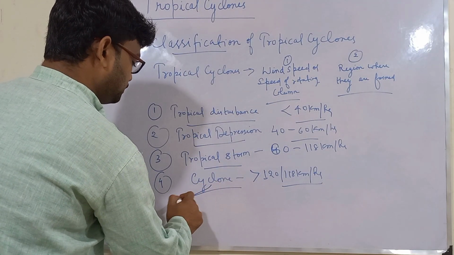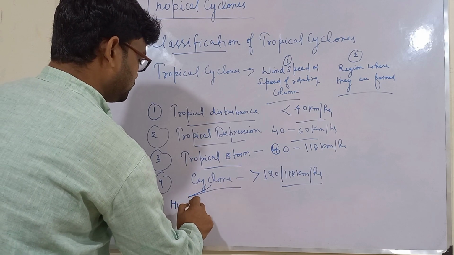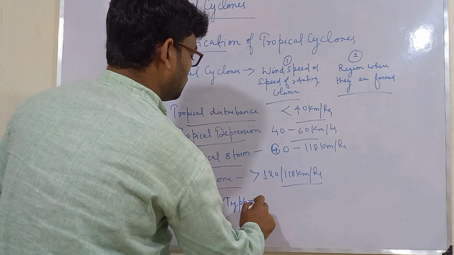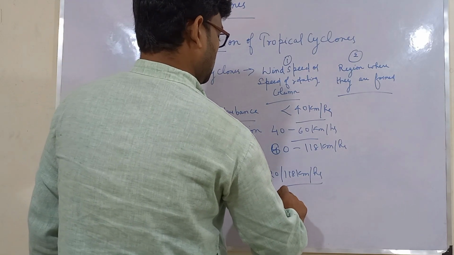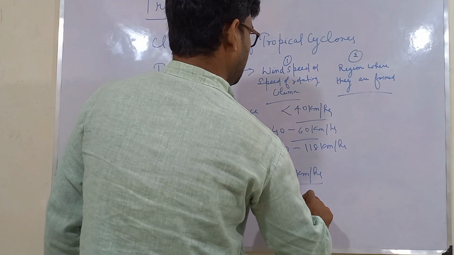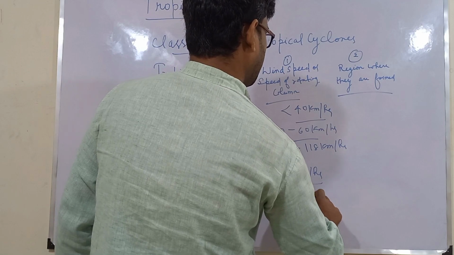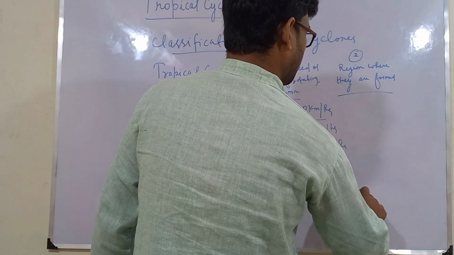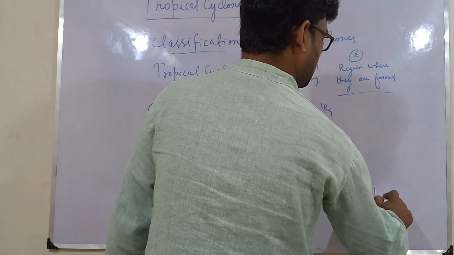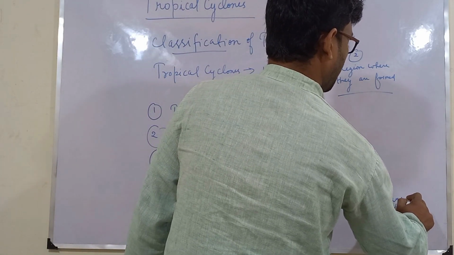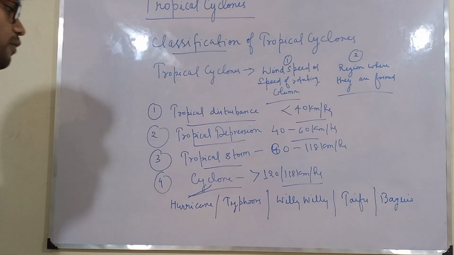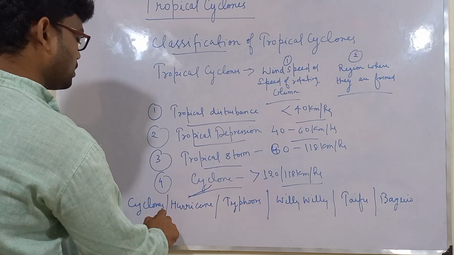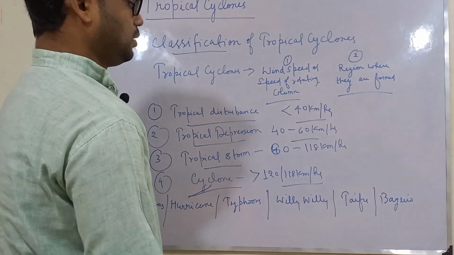Now, based on the regions where they are formed, this cyclone is classified as hurricane, typhoon, Willy Willy, and Baguio. These are different names for the same thing, of course cyclones, but in different regions.